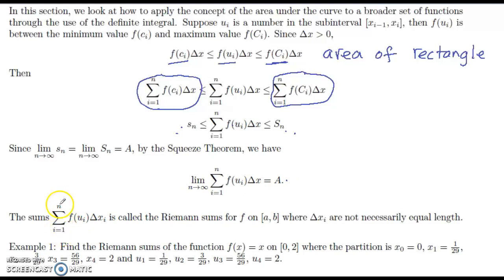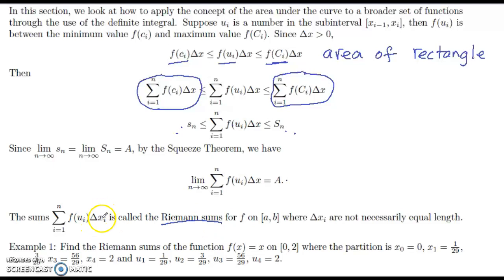And this kind of summation, i from 1 to n, f of u sub i, so f of any number in the subinterval, times delta x sub i, is called the Riemann sum. Riemann sum is nothing fancy. It is the area of rectangles that you add up.